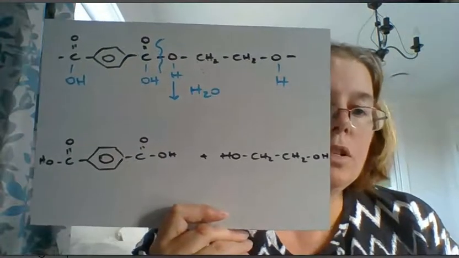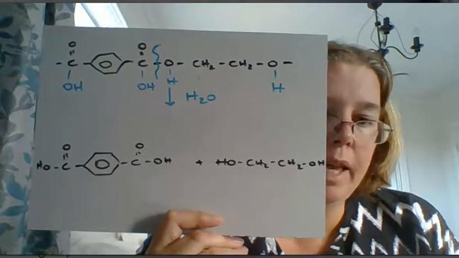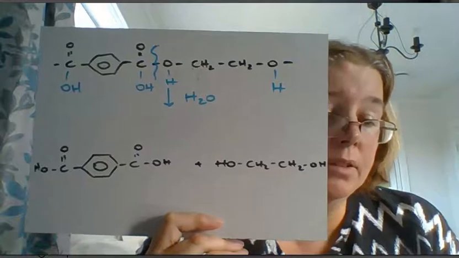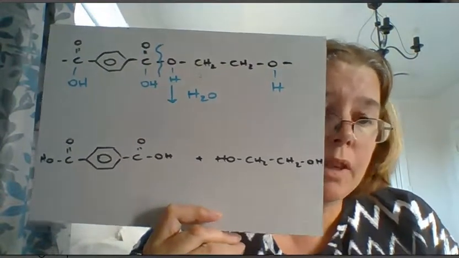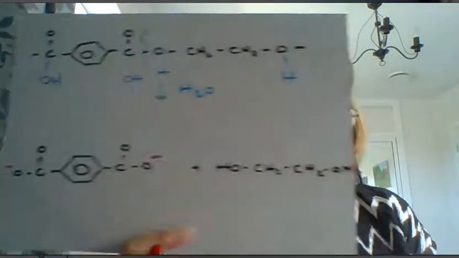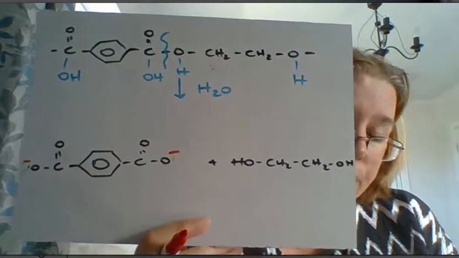Okay, so here we've got our dicarboxylic acid and our dialcohol formed. In acidic conditions, that's exactly what you would get. In basic conditions, the carboxylic acid groups are going to react, and you're going to get not one, but two carboxylate anions on that molecule.